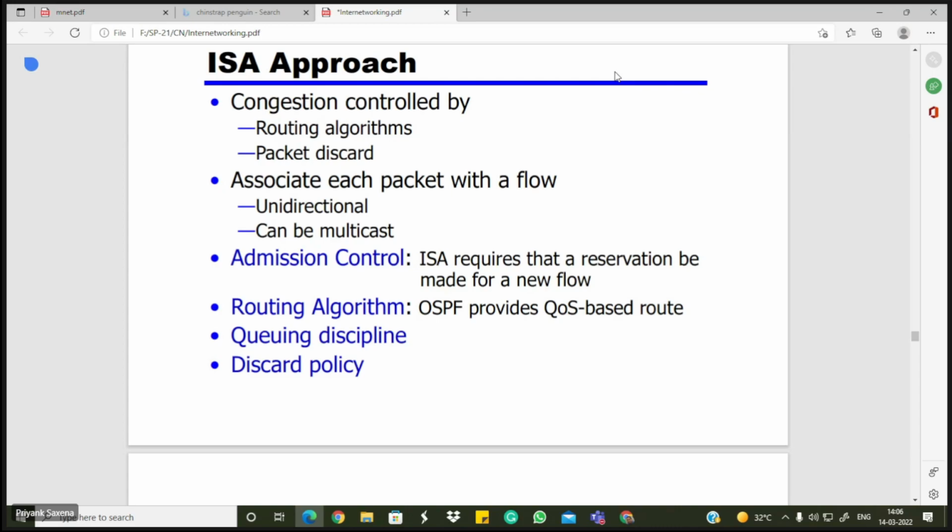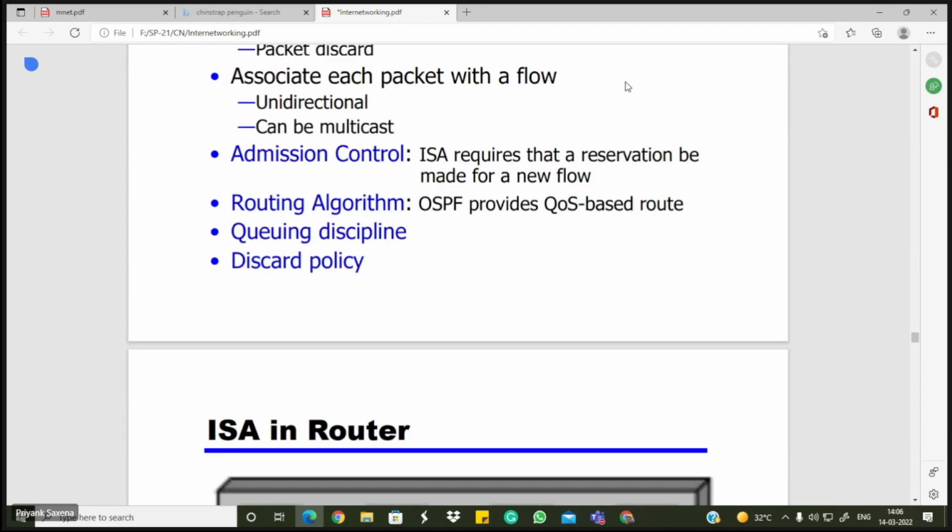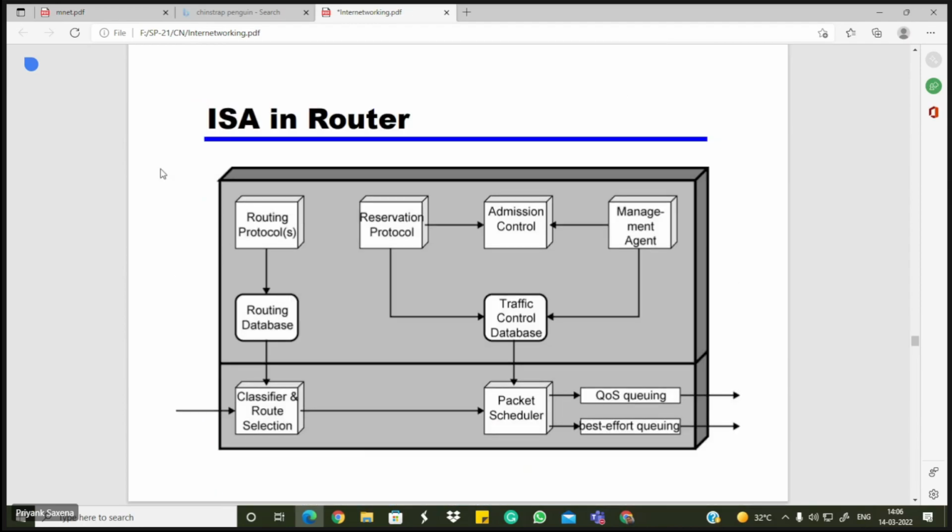It codes this ISA block which you will see in a router. This approach is inbuilt in a router. Those routers which are implementing ISA will get this information in the router itself.